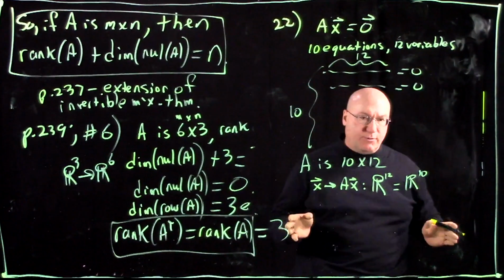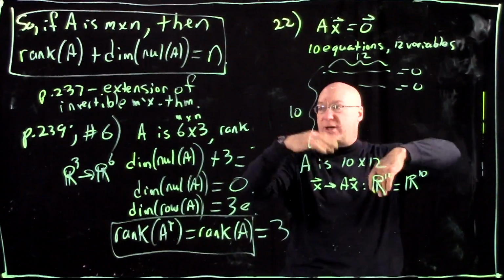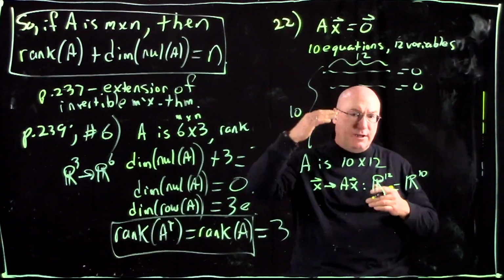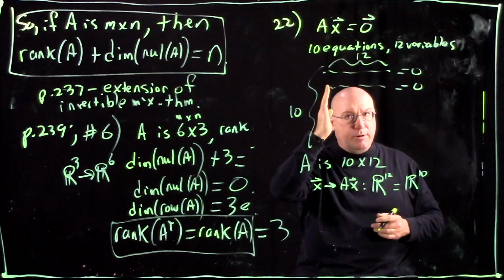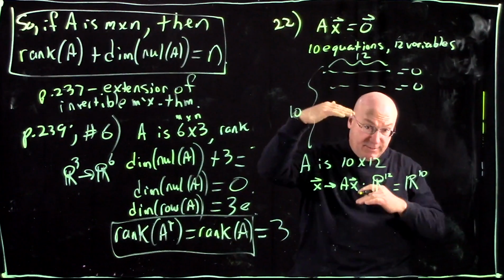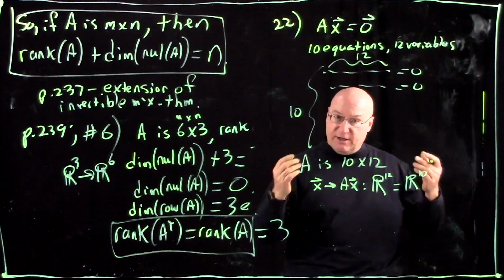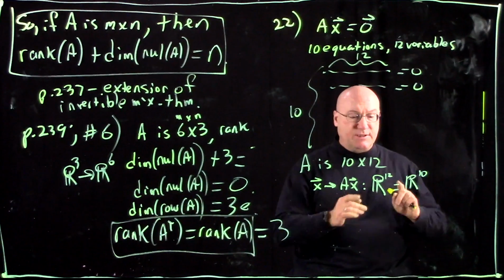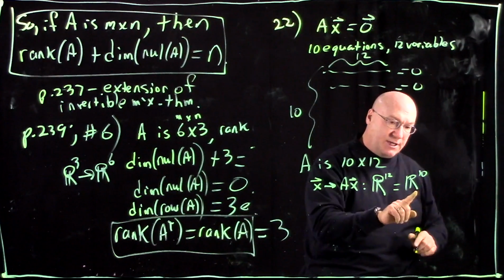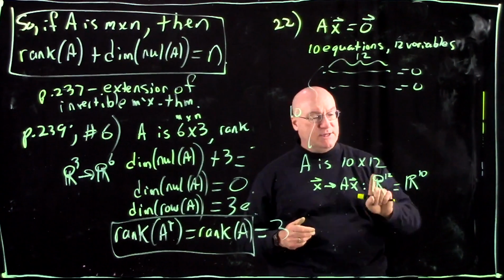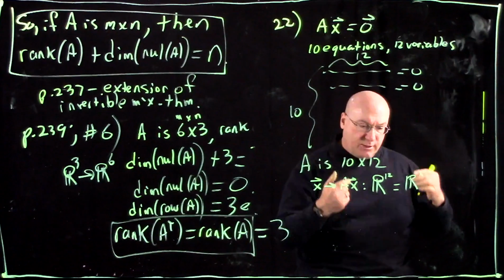I don't know what the rank is. We'd have to put the matrix in echelon form and see how many non-zero rows or how many pivot columns we have. It'll be the same number, right? One's the dimension of the row space, one's the dimension of the column space. They'll be the same, although the row space sits in R12, the column space sits in R10, and the null space sits in R12.